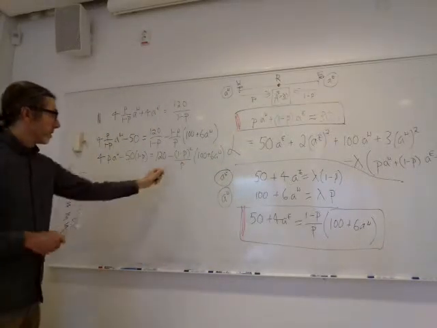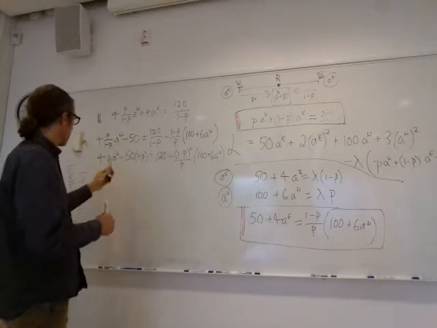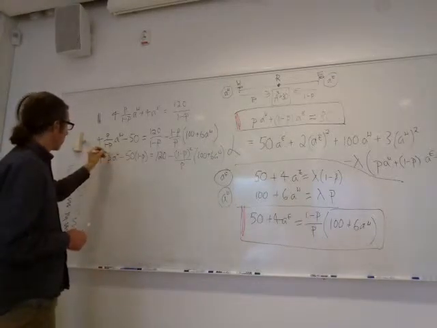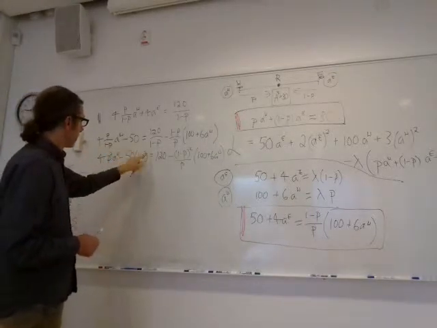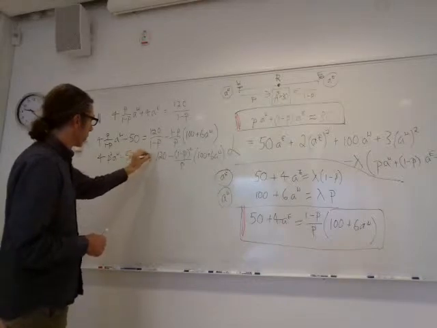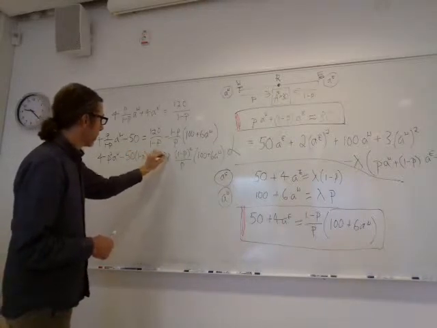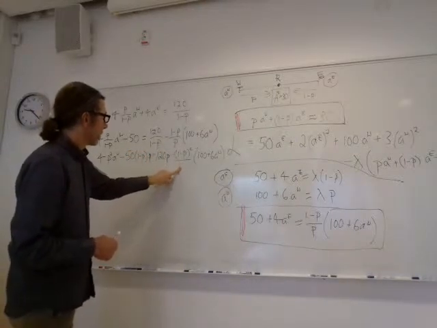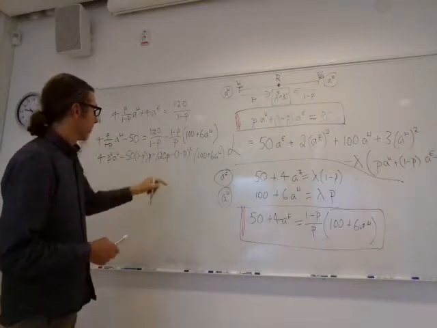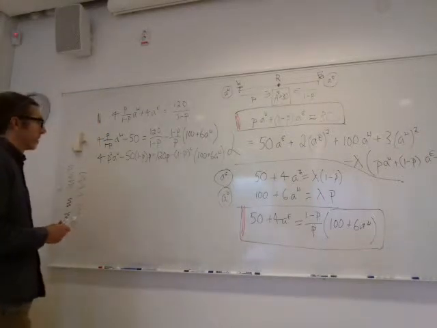We also want to get rid of this P from the bottom line, so let's go through that as well. 4P squared AW, minus 50 times 1 minus P, equals 120P minus 1 minus P squared times 100 plus 6 AW.